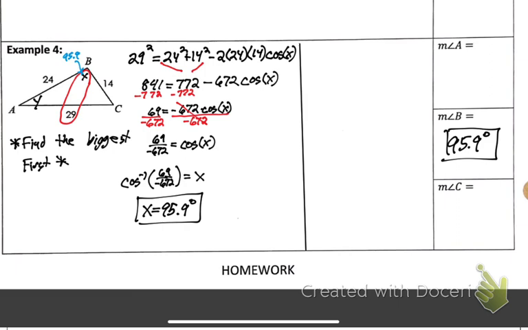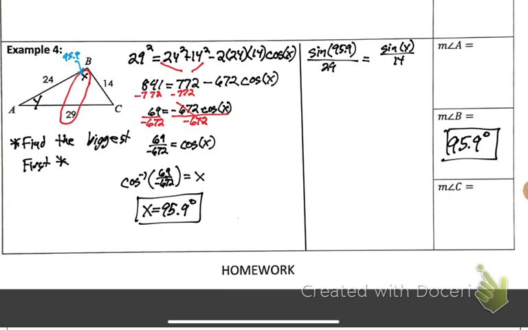So that's my key to use the law of sines. So our law of sines will be, take the sine of 95.9, divide that by the side opposite, which is 29, and that's going to help me find that angle y. We'll have sine of y divided by 14. Now, we could use cross multiplication.